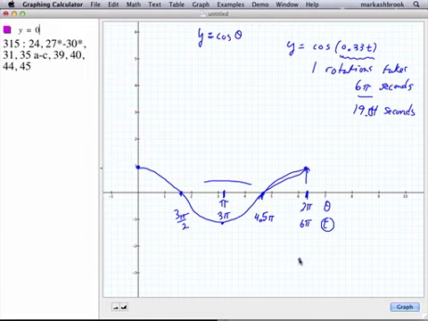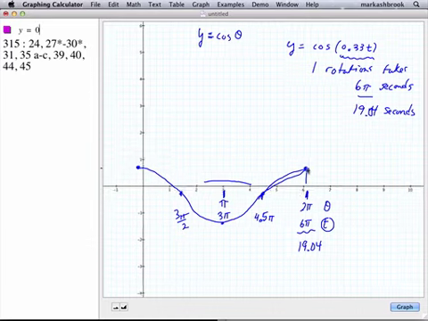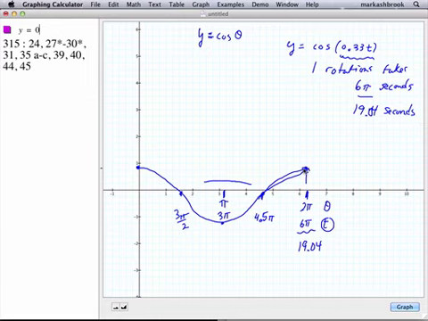Well, 19.04 would then become your end value, right? So what would I have to do to this blue graph? Stretch it which way? Stretch it this way. So the end of the rotation has to be 19.04 or 6 pi.